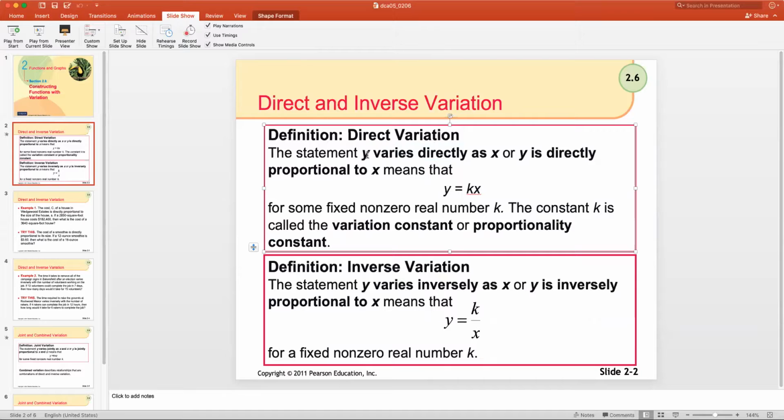So one of the variables varies directly as the other variable. Okay, so when you see that one variable varies directly as the other variable, or one of the variables is directly proportional to the other variable, then we can set the equation like this: y equals k times x.